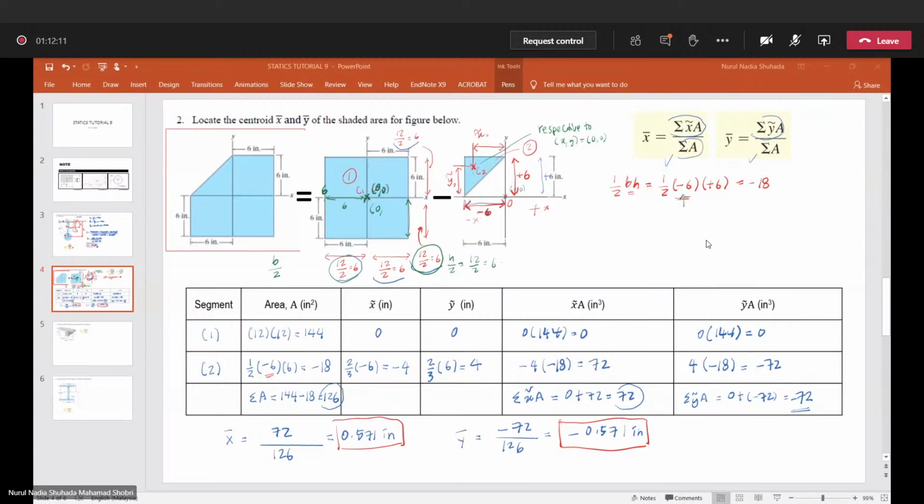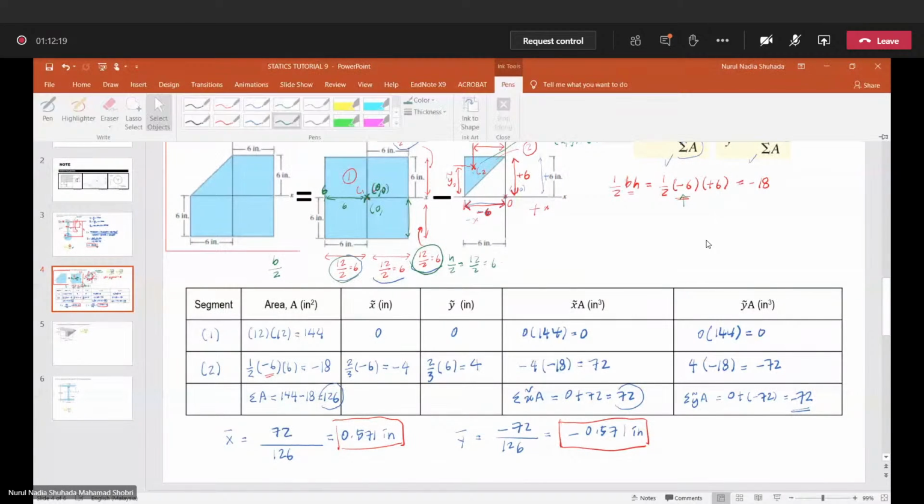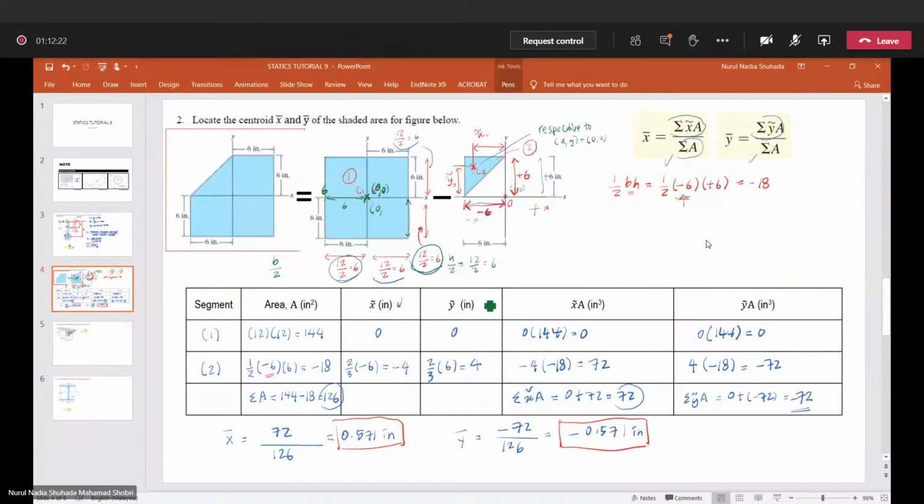it is actually length. The centroid of x and y is actually the length from the centroid to the coordinate 0, 0. But since the centroid of the triangle is away from 0, 0, its position is very important, whether it is negative 6 or positive 6, so that we know the position of the centroid of the triangle in the axis plane.